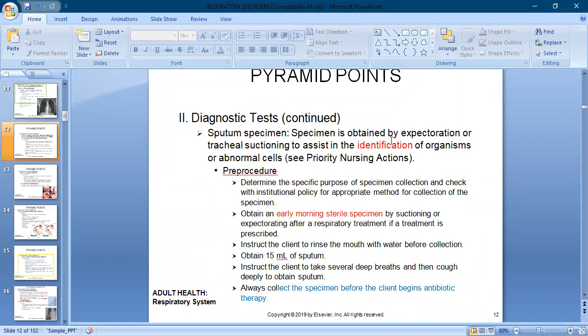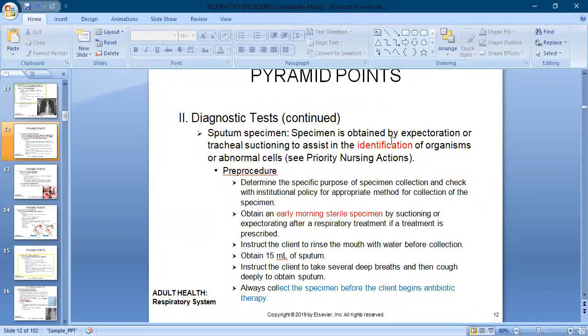Specimen obtained by expectoration or tracheal suctioning to assist in the identification of organism or abnormal cell. Identification of organism, right? So sputum collection.